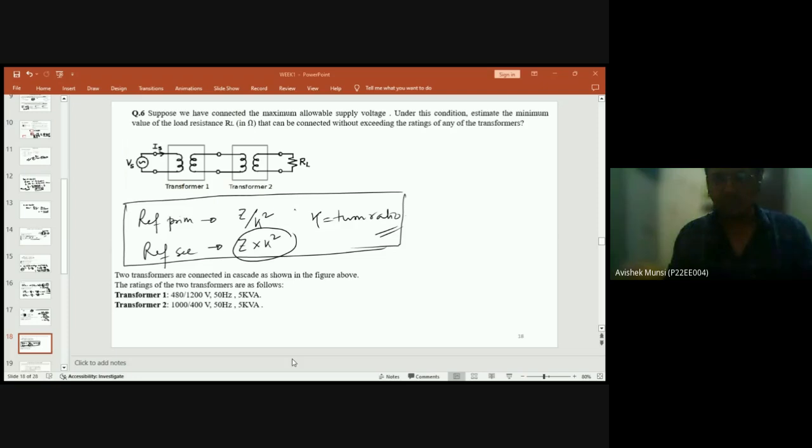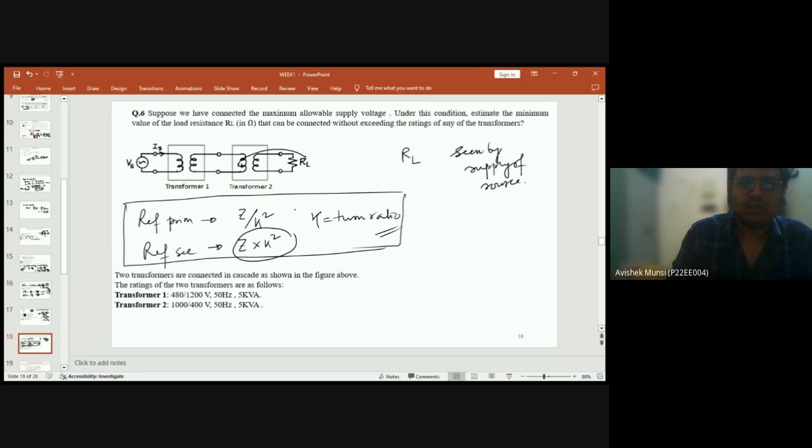See, in this problem, we have to calculate the resistance RL seen from the supply, right? It means we have to first refer the resistance to here.